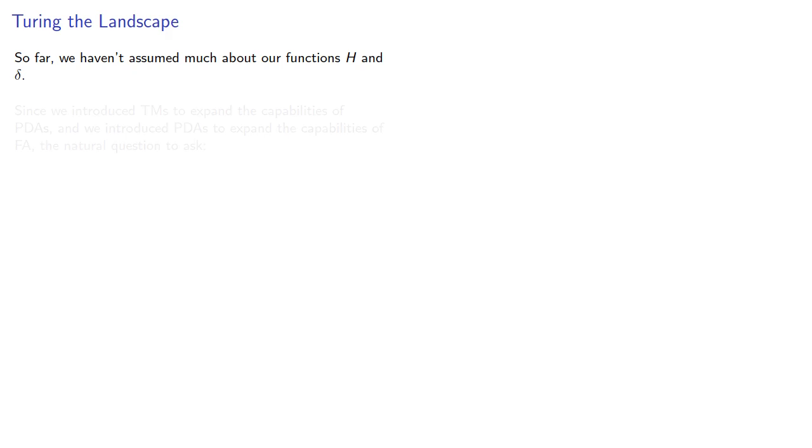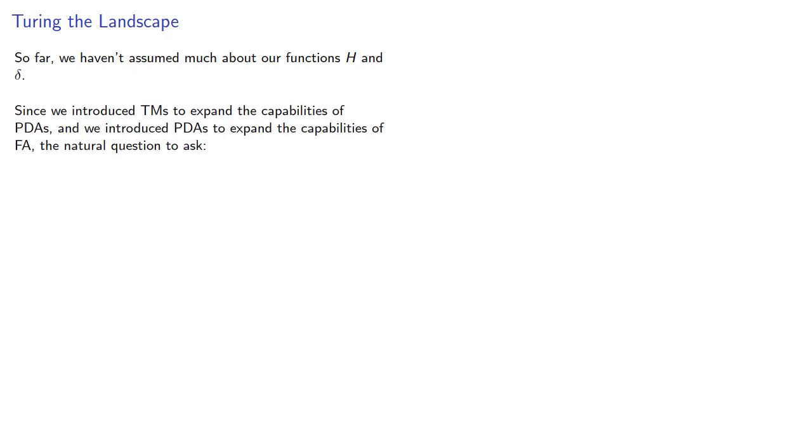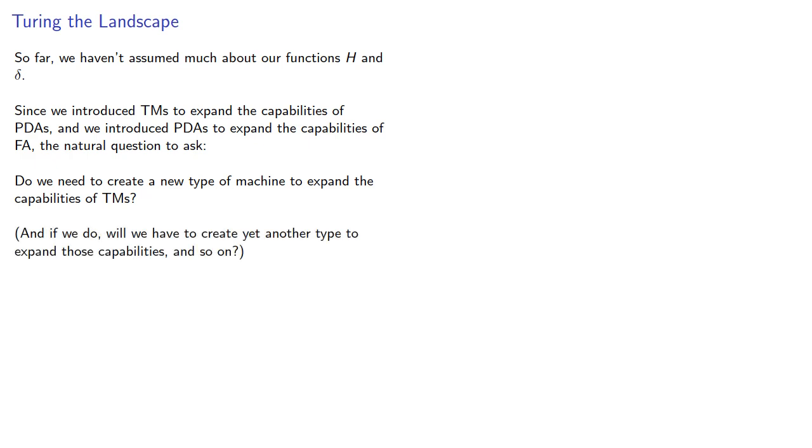Since we introduced Turing machines to expand the capabilities of push-down automata, and we introduced push-down automata to expand the capabilities of finite automata, then the natural question to ask is, do we need to create a new type of machine to expand the capabilities of Turing machines? And if we do, will we have to create yet another type to expand those capabilities, and so on?